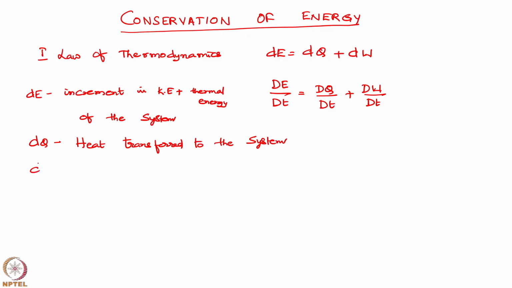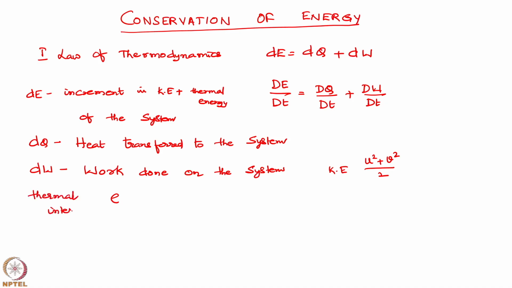Now, dW is work done on the system. This we have studied in thermodynamics, that is why I am stating it directly. Now, kinetic energy is u squared plus v squared by 2. I am doing 2D because 3D becomes very clumsy, but we can extend this to 3D a little later. And the thermal internal energy is represented by E.